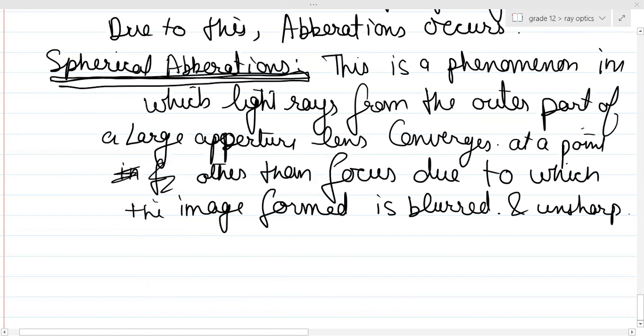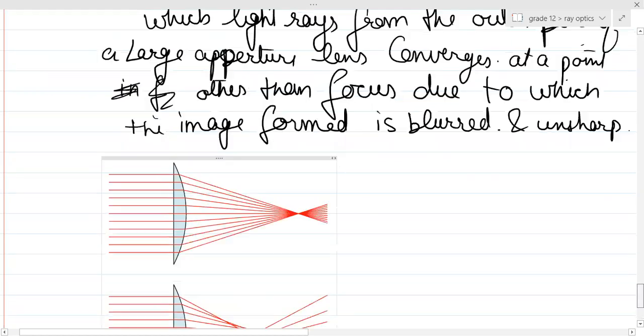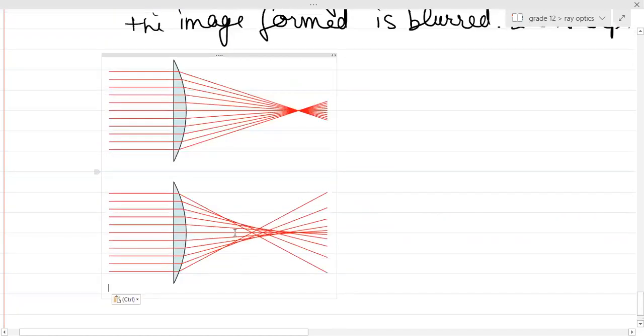Shall I download a photo for you for spherical aberrations? Spherical aberrations images. So guys, can you see this? This is a converging lens, and can you see here there are no aberrations because it has a short aperture.